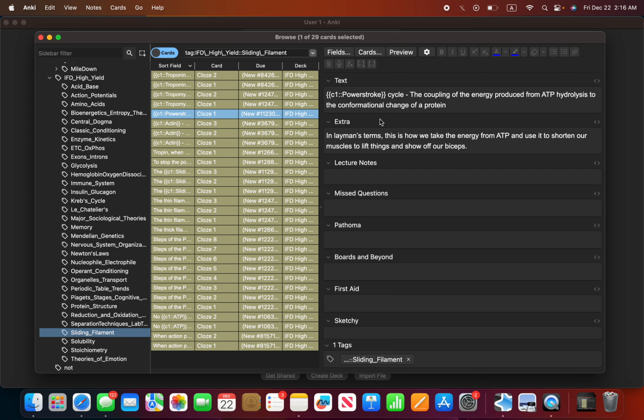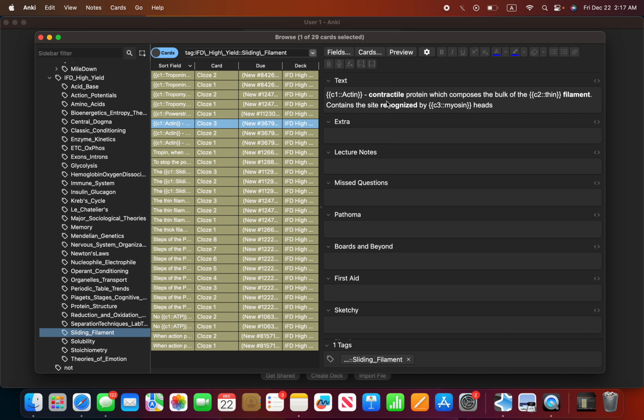Now, actin is a contractile protein, which composes the bulk of the thin filament. It contains the site recognized by myosin heads. So we know that it is not a regulatory protein like troponin or even tropomyosin.